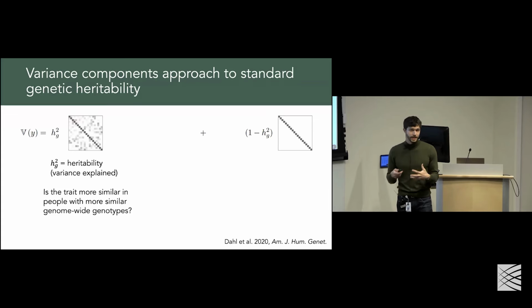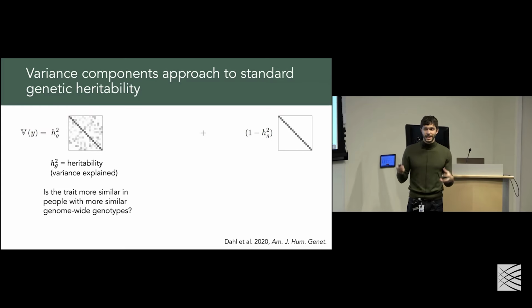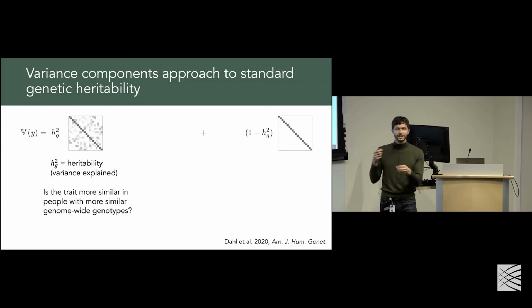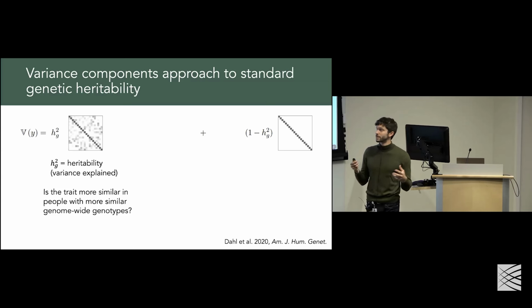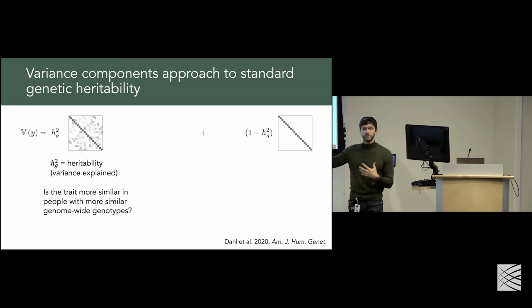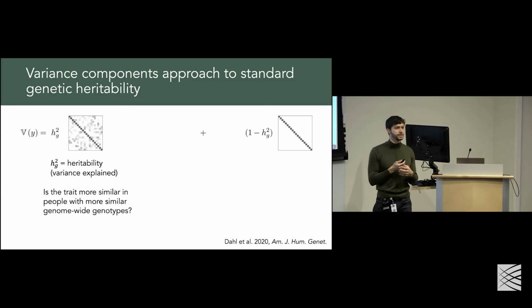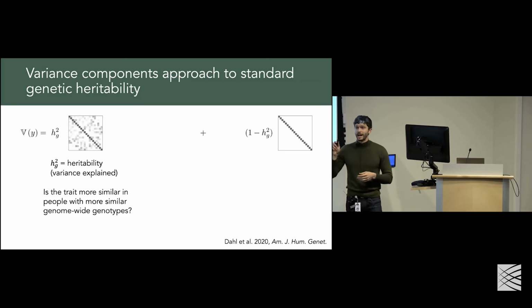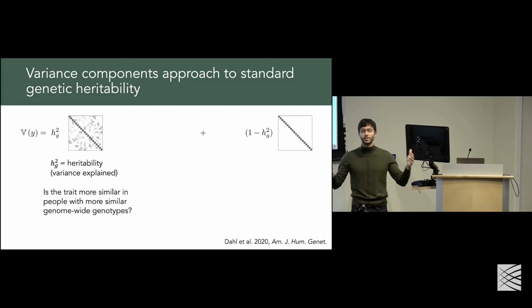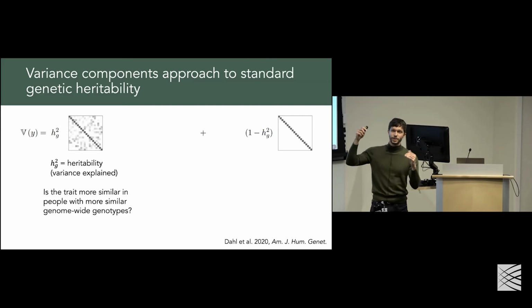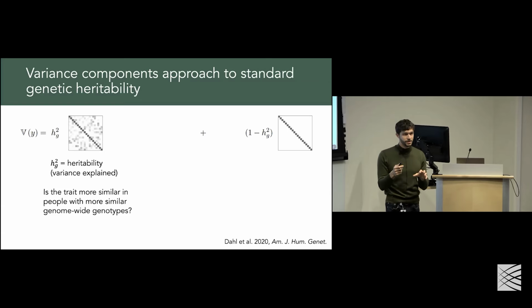When we're looking at something like heritability or genetics-based explanations based on genetic main effects, we'll often construct this matrix as a genetic relationship matrix. Basically, each box in this relatedness matrix is saying how similar are the genome-wide genetics of person 1 and person 2 at each point in that matrix.